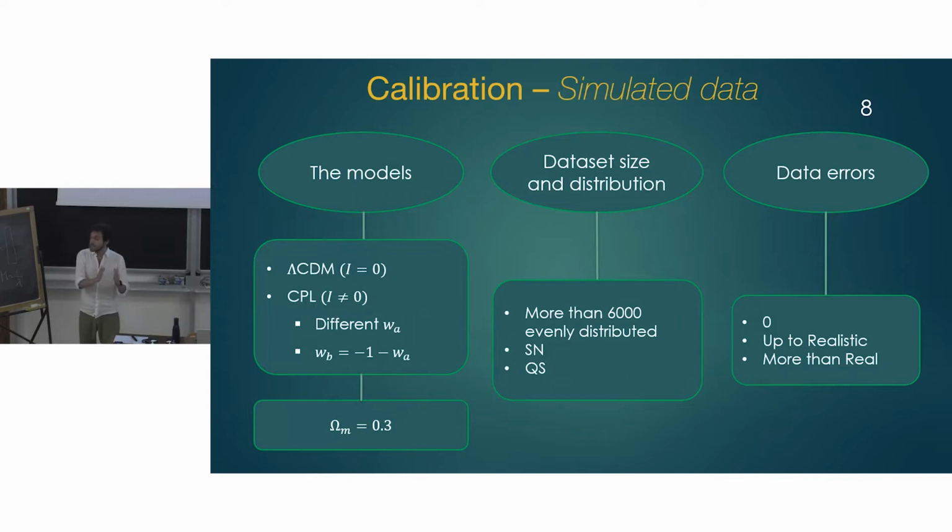Of course, at low z you have smaller errors, at higher z you have bigger errors. In the procedure, we took as a reference the order of magnitude of the errors in the real data, and then we changed the size of the errors according to the distribution of z from 0 to that.